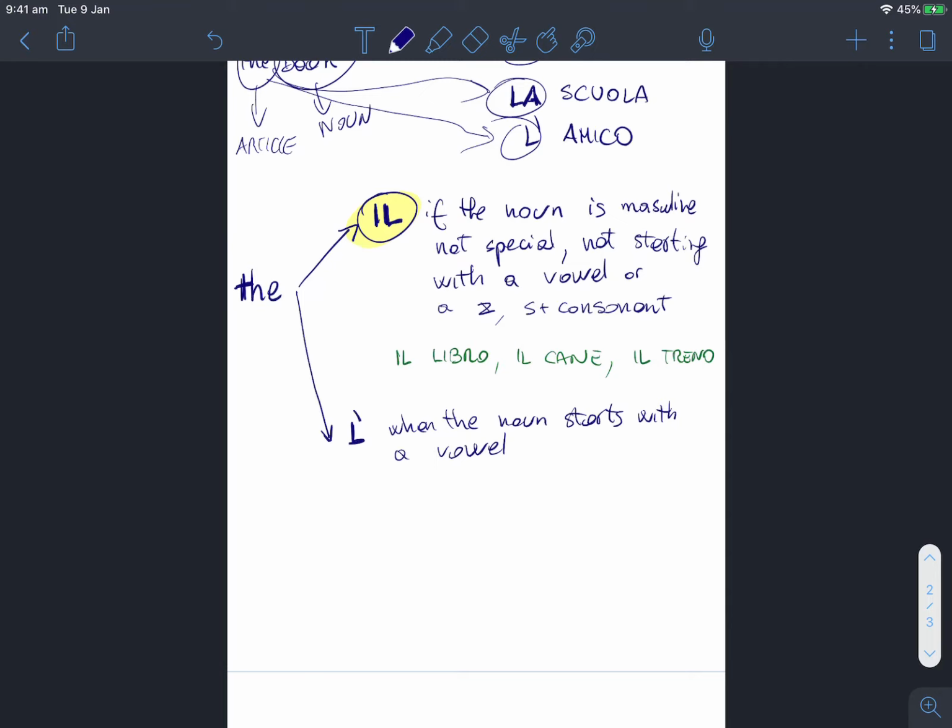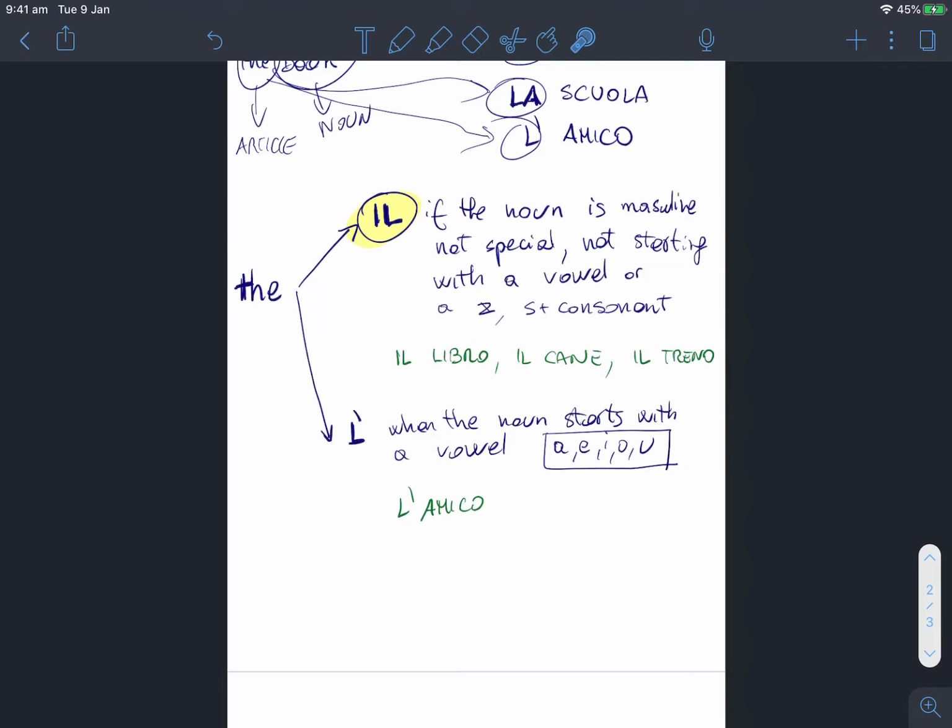I hope you know the vowels are A, E, I, O, and U. If the noun that we are putting the article to starts with a vowel, for example, amico, as I said before, amico means the friend, you need to put l', and you do not pronounce this one.